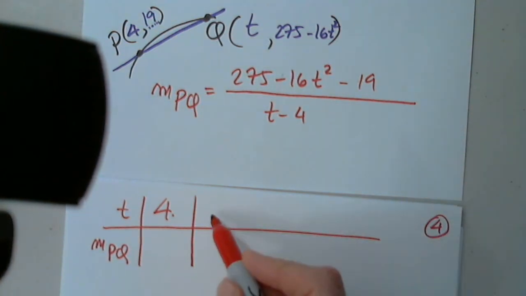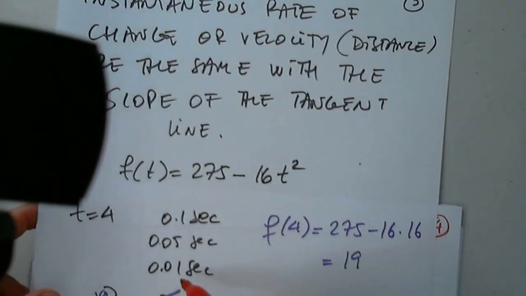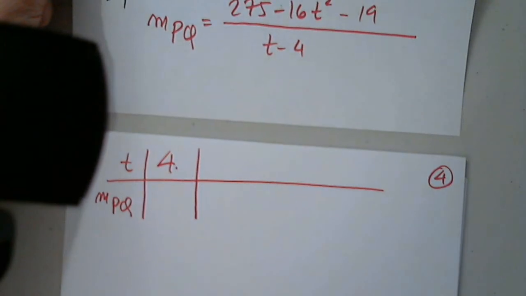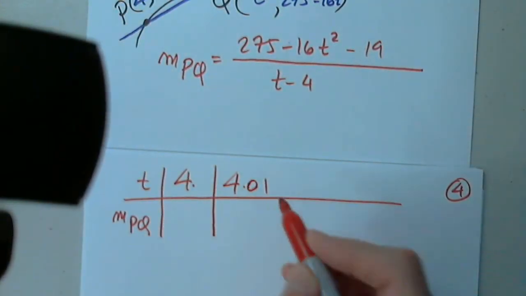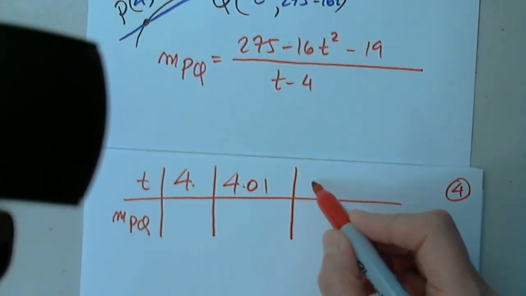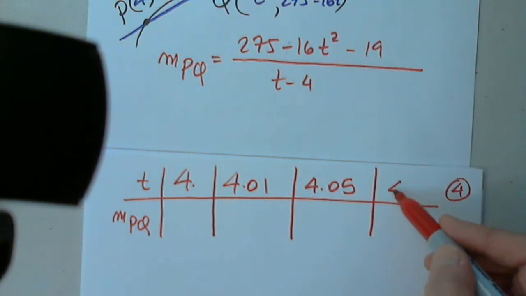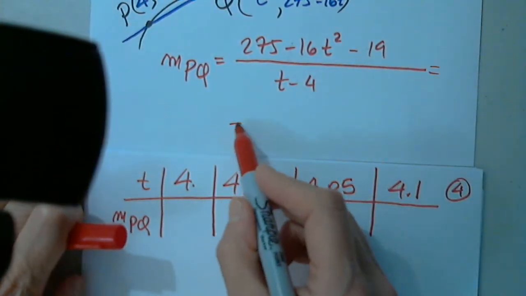What will be the first one, keeping in mind that we have 0.01, 0.05, and 0.1? 0.01. Yes. What will be the next one? 0.05. And then 4.1. Excellent.